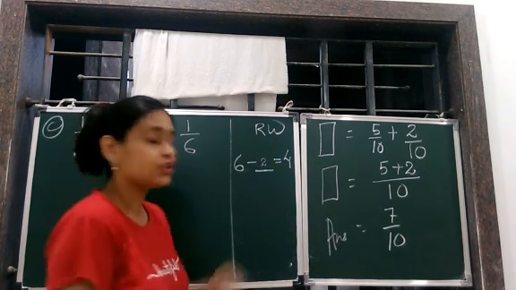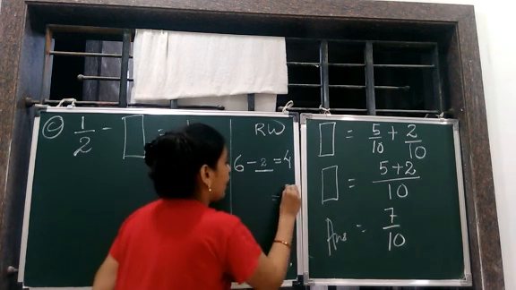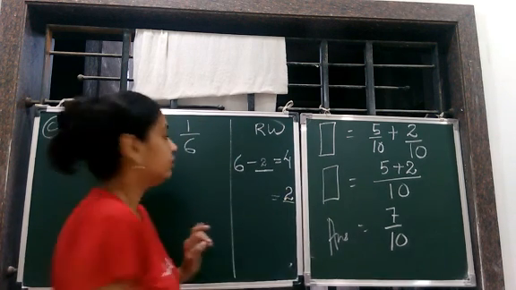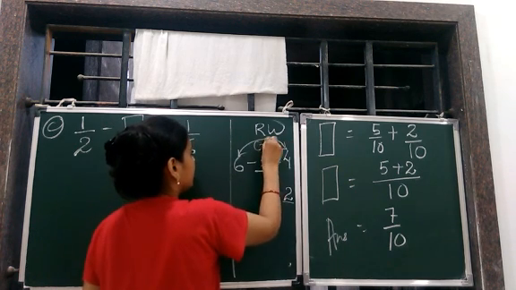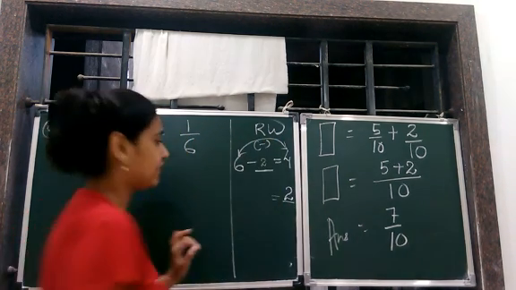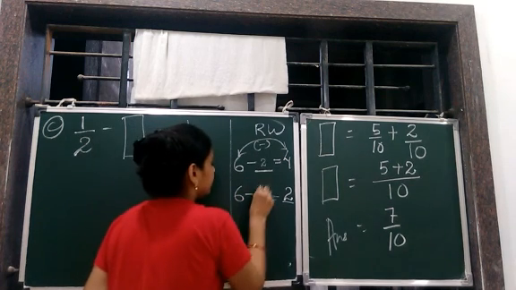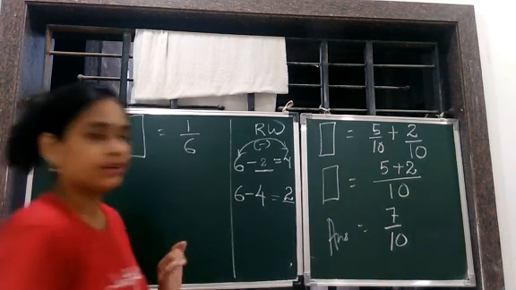But how to get this 2? There has to be something done with these two. What? Subtraction, right? That means 6 minus 4 will give us 2.